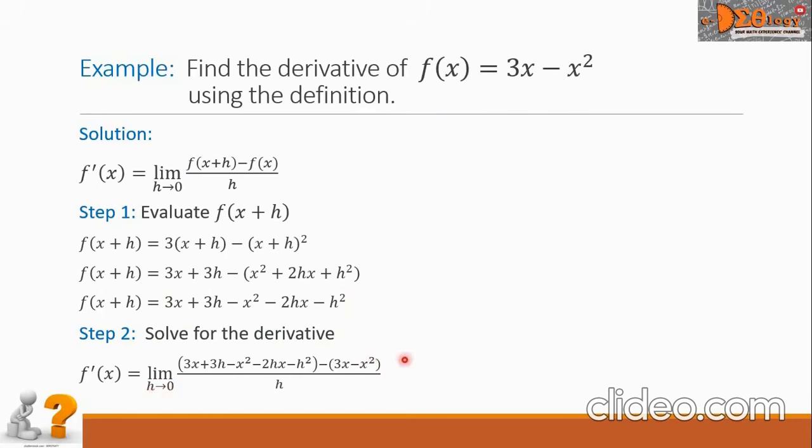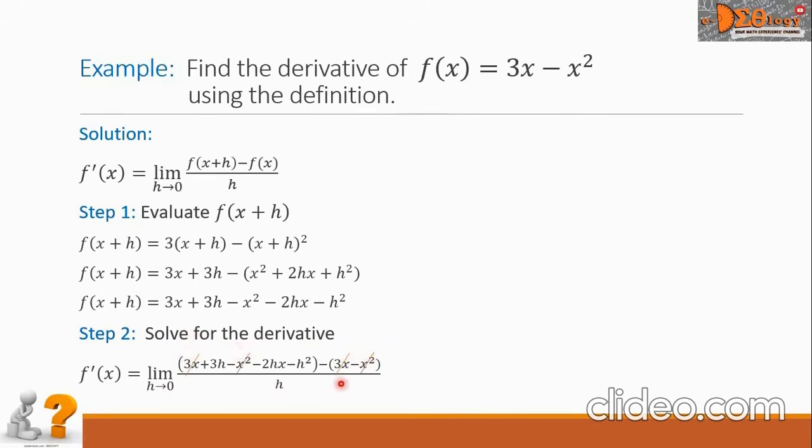Please observe in our numerator that we can simplify by removing the grouping symbol, and then we can see some terms that we can cancel. The 3x here can be cancelled with the 3x there. This negative x squared can be cancelled with the negative x squared here.